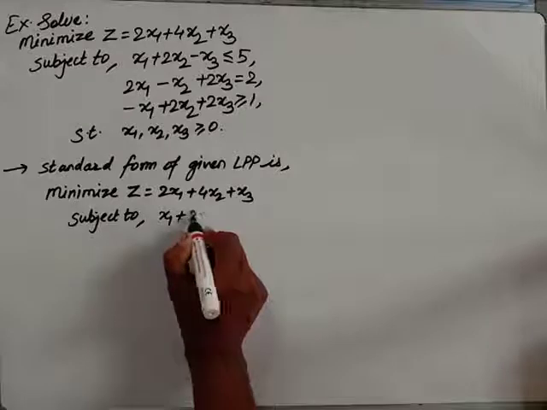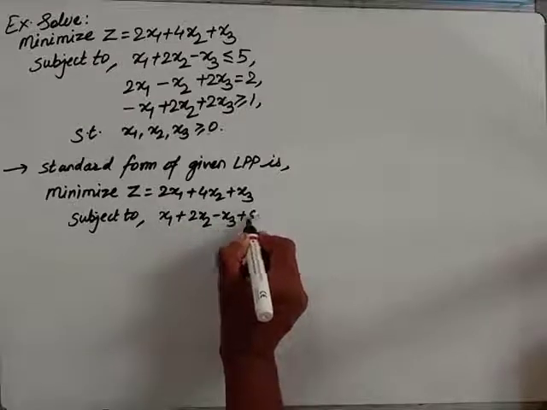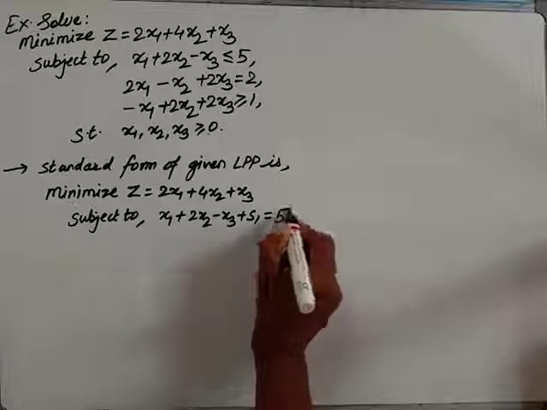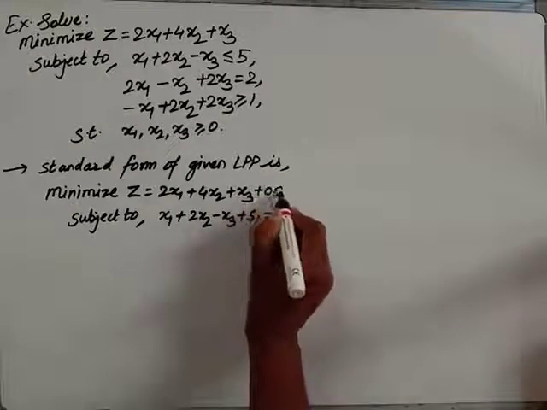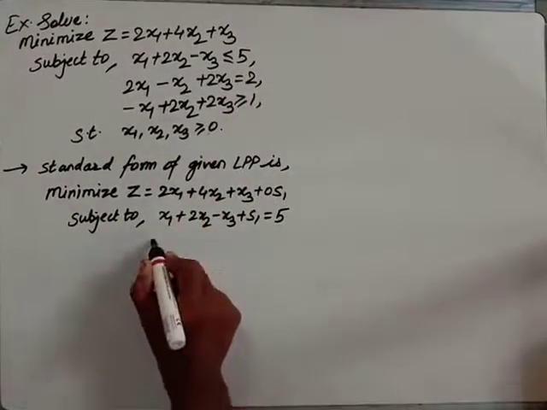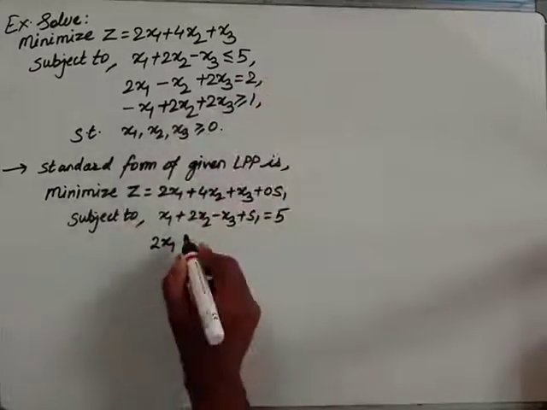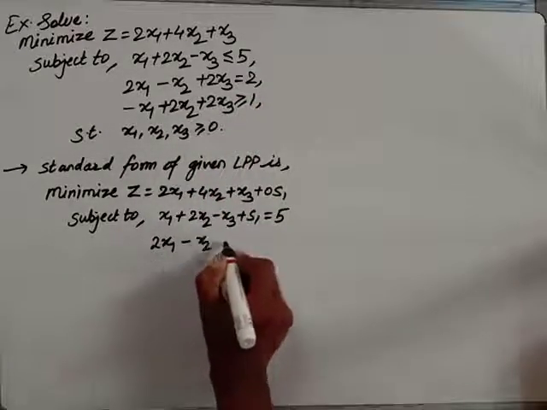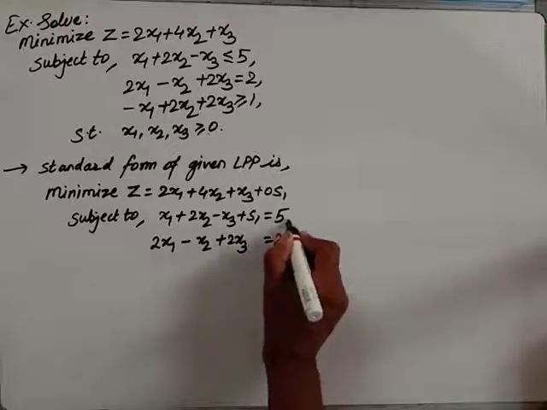So x1 plus 2x2 minus x3 plus s1 equal to 5, with s1 having coefficient 0 in the objective function. The second constraint is already an equality, so it remains the same: 2x1 minus x2 plus 2x3 equal to 2.